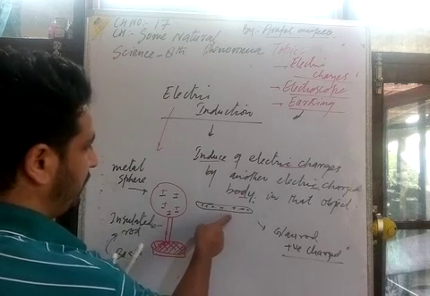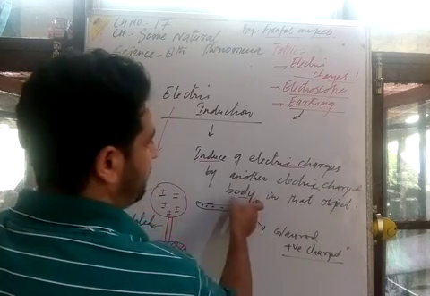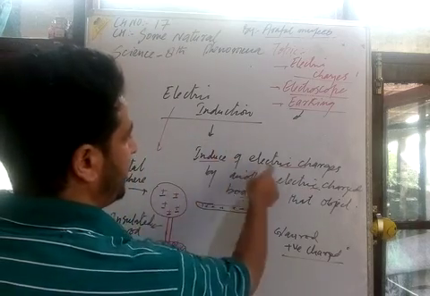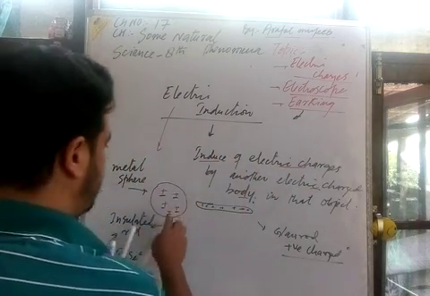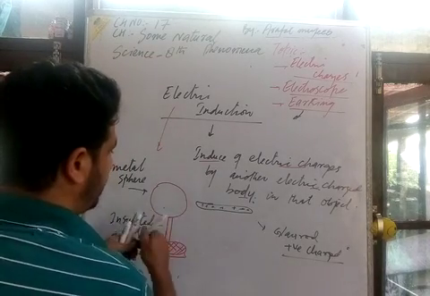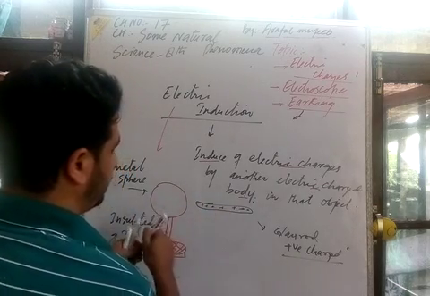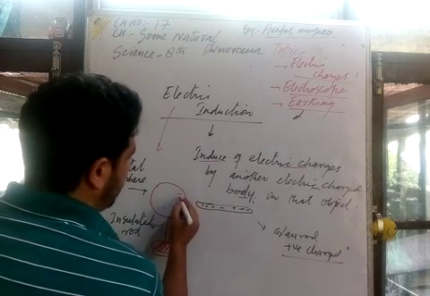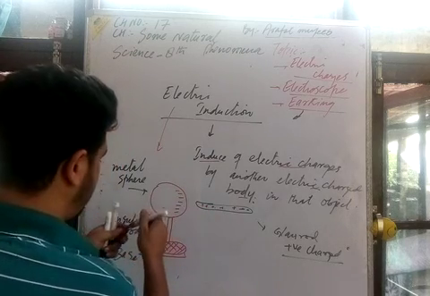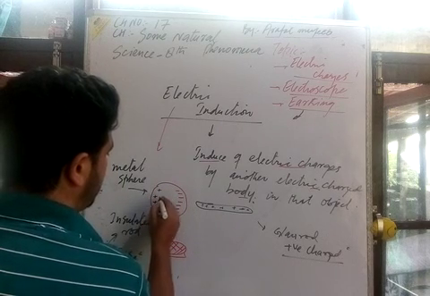When I keep this glass rod, it is another electric charged body. जब मैंने ये लिया नजदीक दूसरे ऑब्जेक्ट के, ये उसमें इंड्यूस करता है इलेक्ट्रिक चार्ज. इसने इसको अलाइन किया है, एक साइड करा दिया. ग्लास रॉड में मैक्सिमम नंबर ऑफ पॉजिटिव चार्ज है, इस मेटेलिक स्फीयर में जितने भी नेगेटिव चार्ज हों वो इसके नजदीक आएंगे, और जितने भी पॉजिटिव चार्ज हैं वो दूसरी तरफ चले जाएंगे.